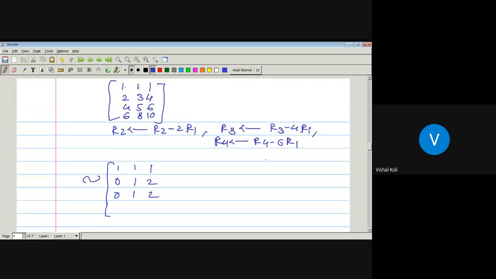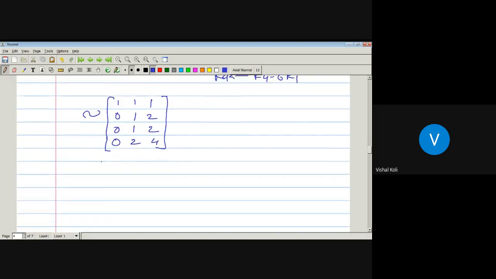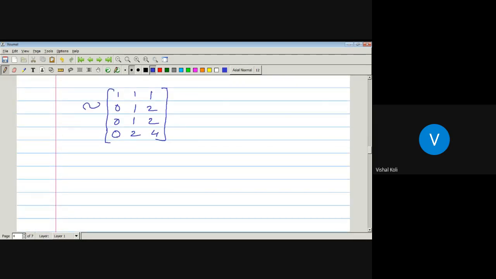Now R4 is changing to R4 minus 6 times R1. 6 minus 6, 0. 8 minus 6, 2. 10 minus 6, 4. Now apply the row transformation on the third and fourth row.